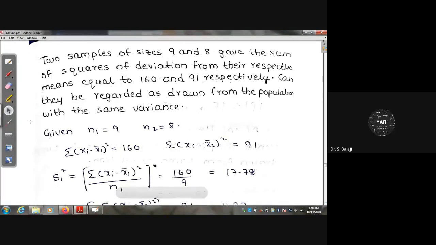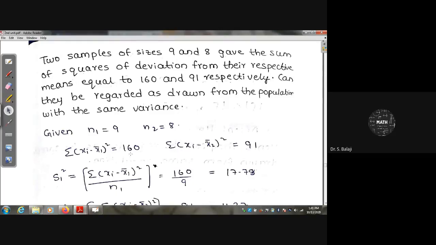See one problem for your exercise. Two samples of sizes 9 and 8, that is n1 equal to 9, n2 equal to 8, gave the sum of squares of deviation from their respective means. That is equal to 160 and 91 respectively.